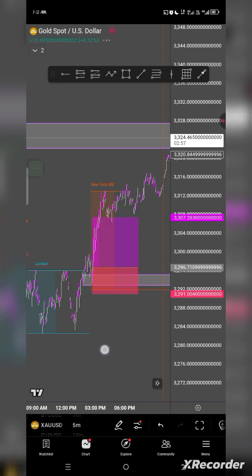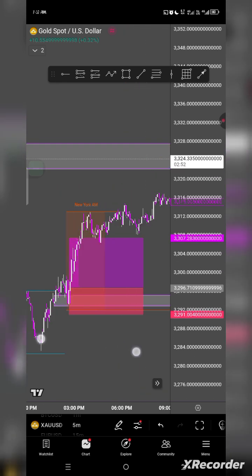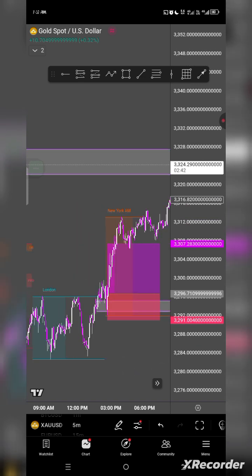That was a demand zone. Why I took this trade yesterday was because we had a change of character, then a break of structure to the upside.